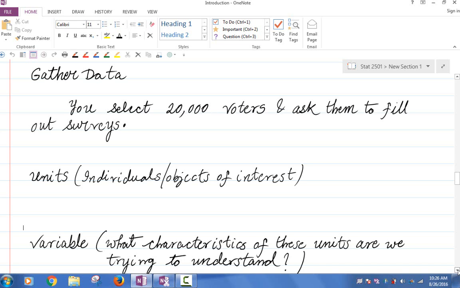We're not going to include children in this study, right? So just the voters. The units are the individuals or the objects of interest, and in this case, that's the voters.